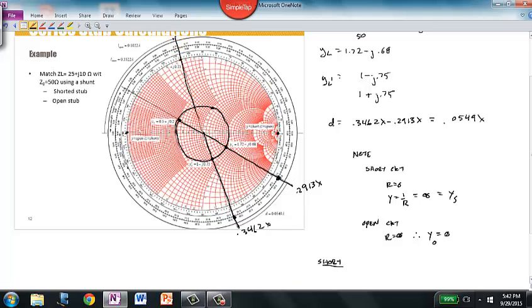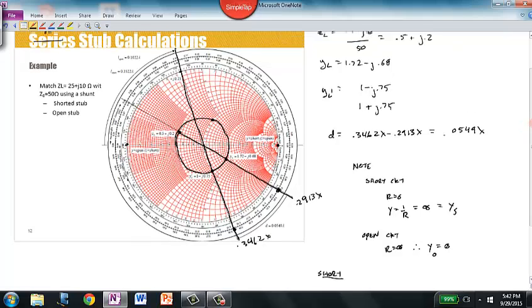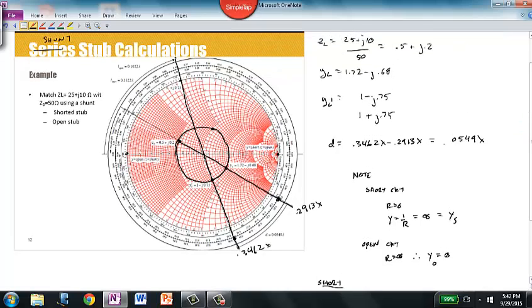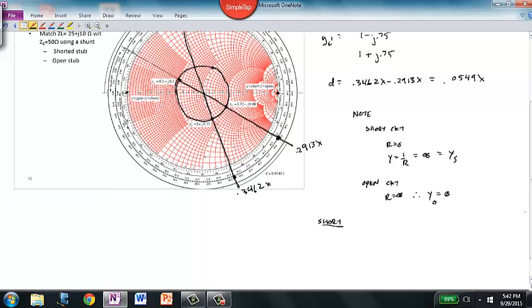We draw that line right there, and we see that the intersection point is 0.1022 wavelengths toward the generator.